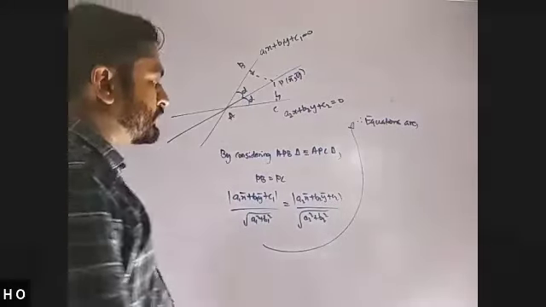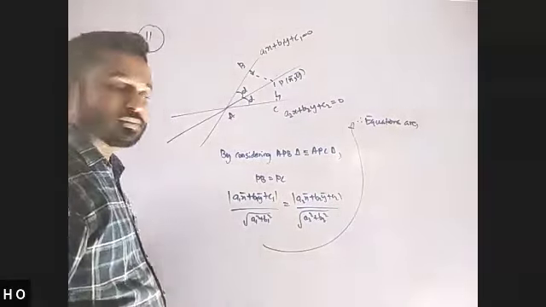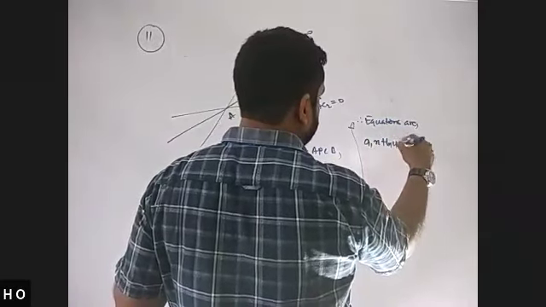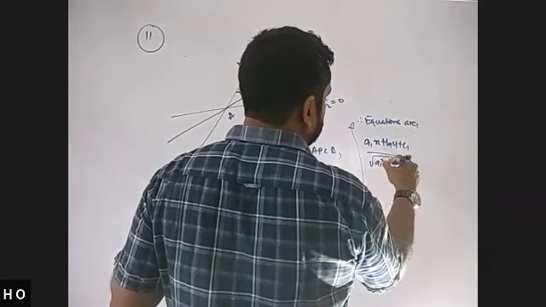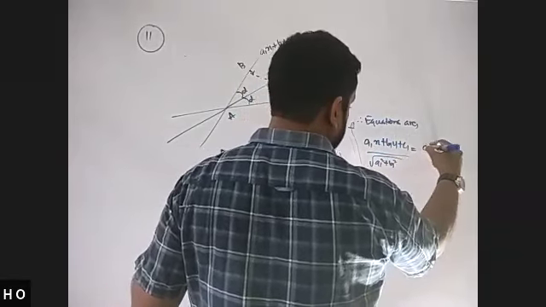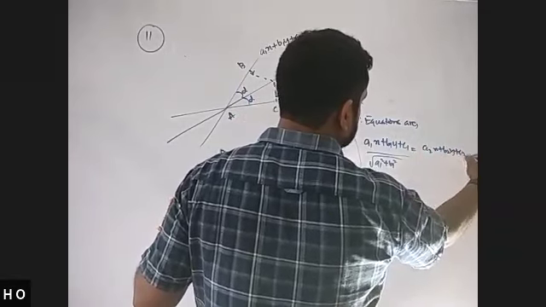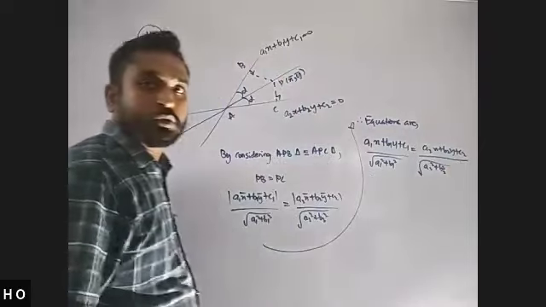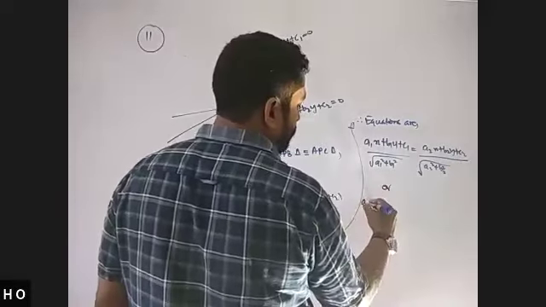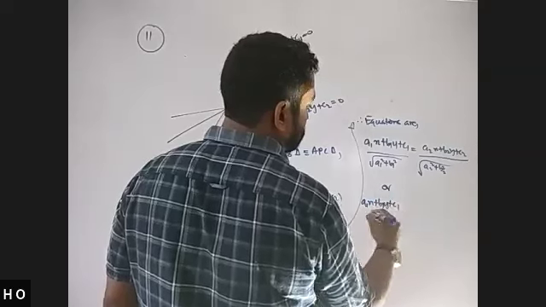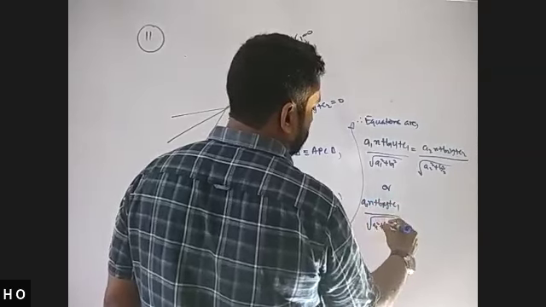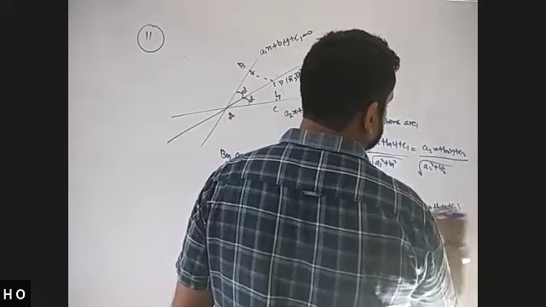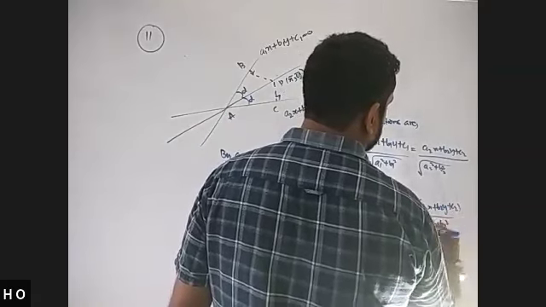You can replace x bar, y bar by x, y. So a1x plus b1y plus c1 over square root of a1 square plus b1 square equals plus a2x plus b2y plus c2 over square root of a2 square plus b2 square, or the negative one, a1x plus b1y plus c1 over square root of a1 square plus b1 square equals minus a2x plus b2y plus c2 over square root of a2 square plus b2 square.